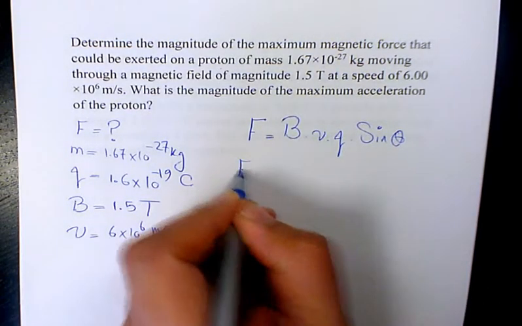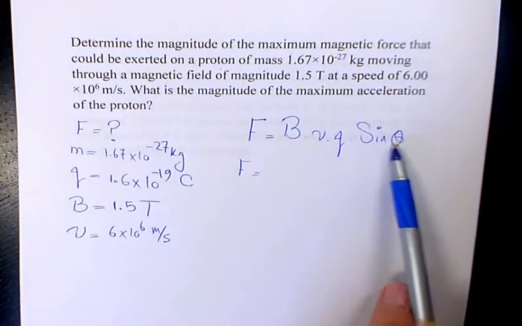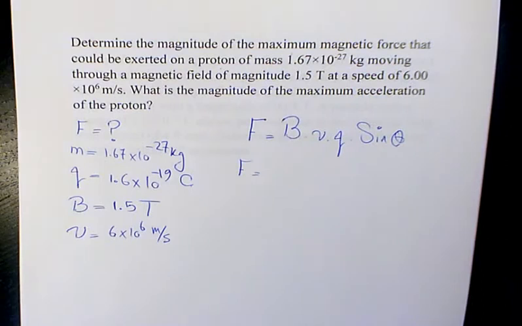So when we are talking about maximum, it means that sine theta must be maximum. And sine theta is maximum, which is 1, when theta is 90 degrees, or when they are perpendicular. When B and V are perpendicular, it means that theta is 90.